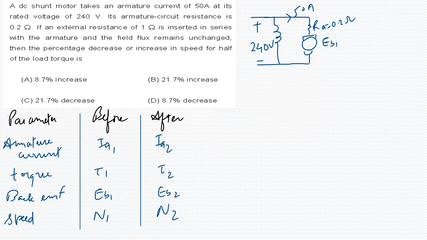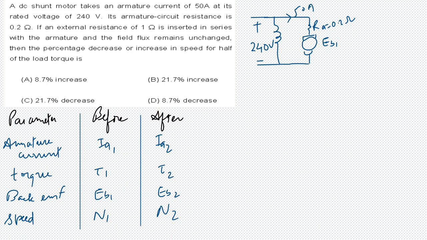So let's start. Let us say that the armature current before inserting the resistance was Ia1, and after inserting the resistance was Ia2. The torque was tau 1 before, and after inserting it was tau 2. The back EMF before inserting was EB1, and after that it was EB2, and the speed was N1 before, and after that it became N2.